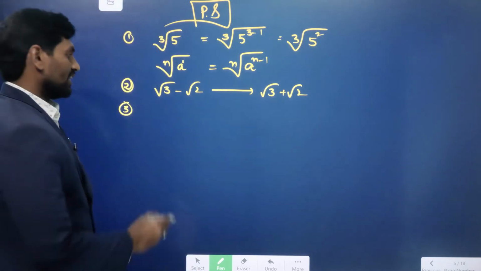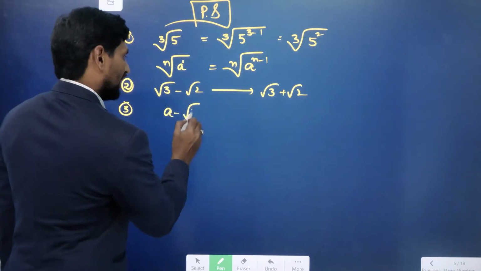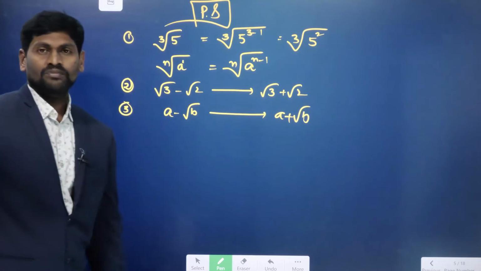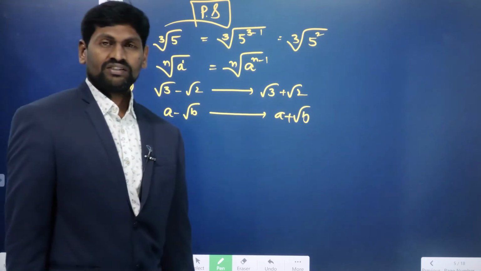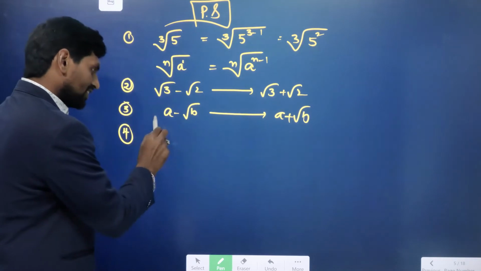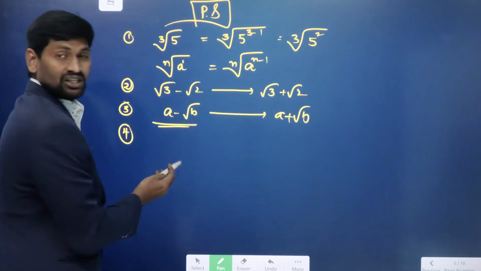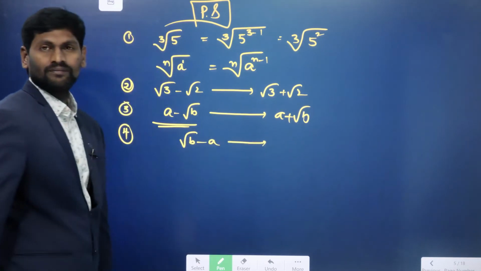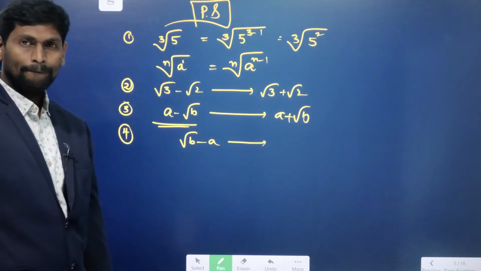Conjugate surd. The conjugate of a minus root b is a plus root b. Now if the given expression is root b minus a, what is its conjugate? Root b plus a?